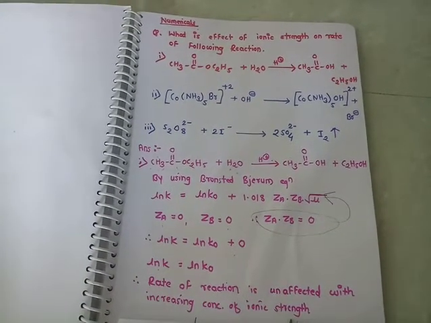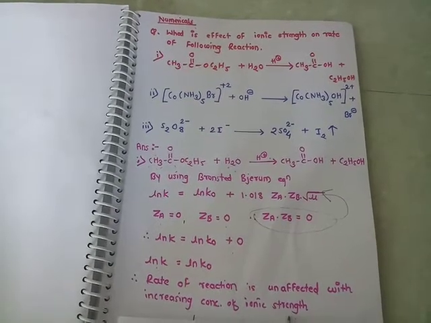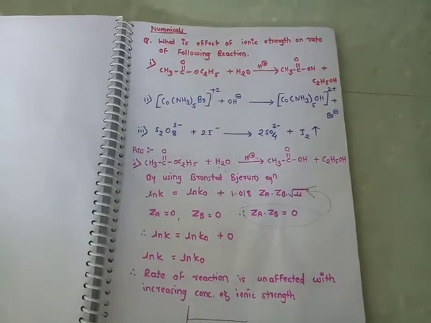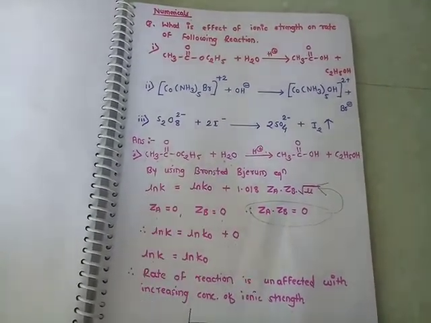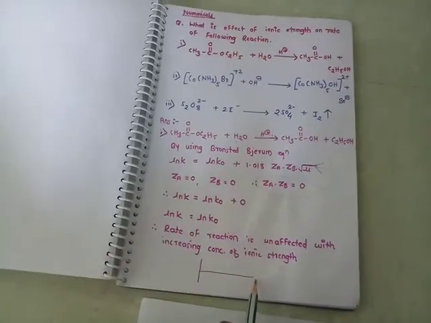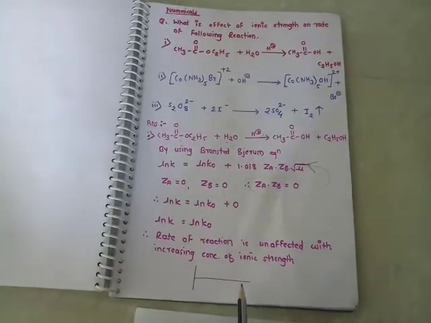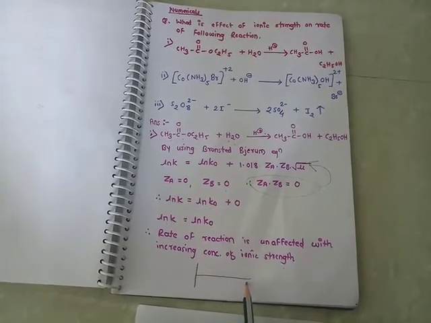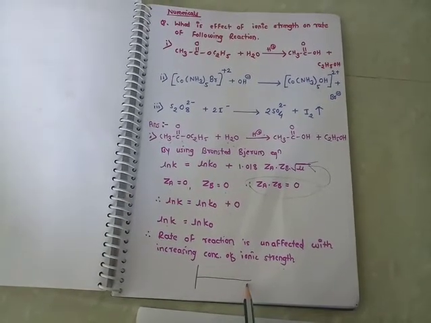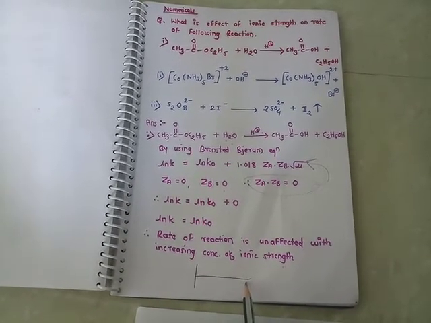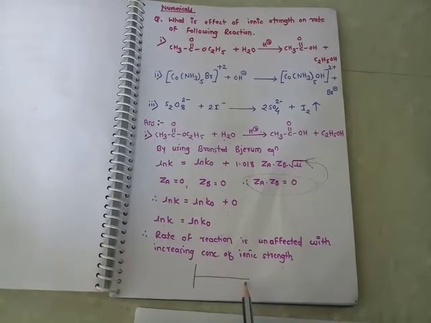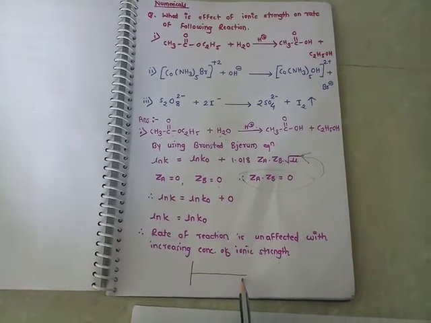If we plot the graph log K versus ionic strength, we get a straight line like this. This line indicates that rate of the reaction is constant throughout the process with increasing value of the ionic strength.